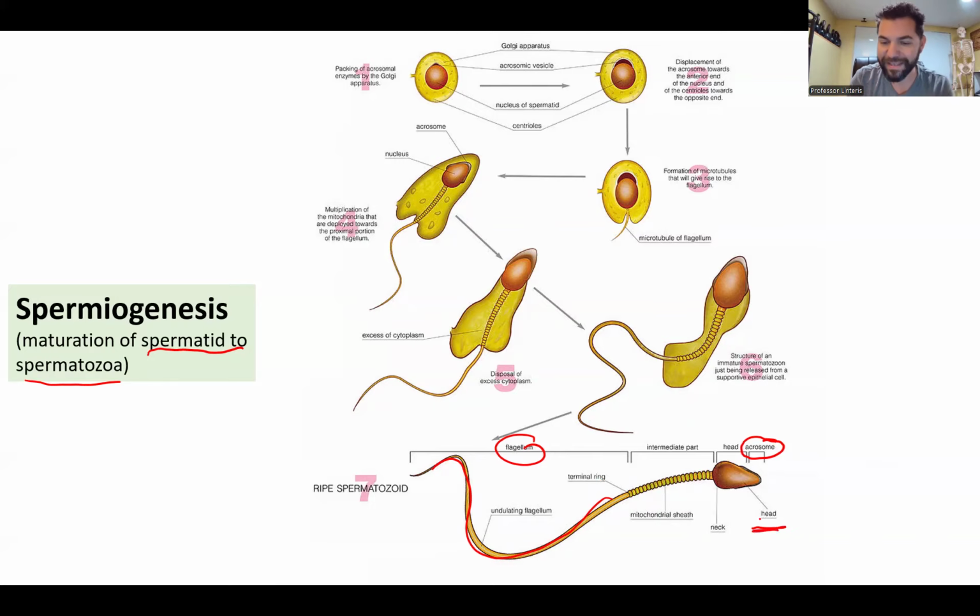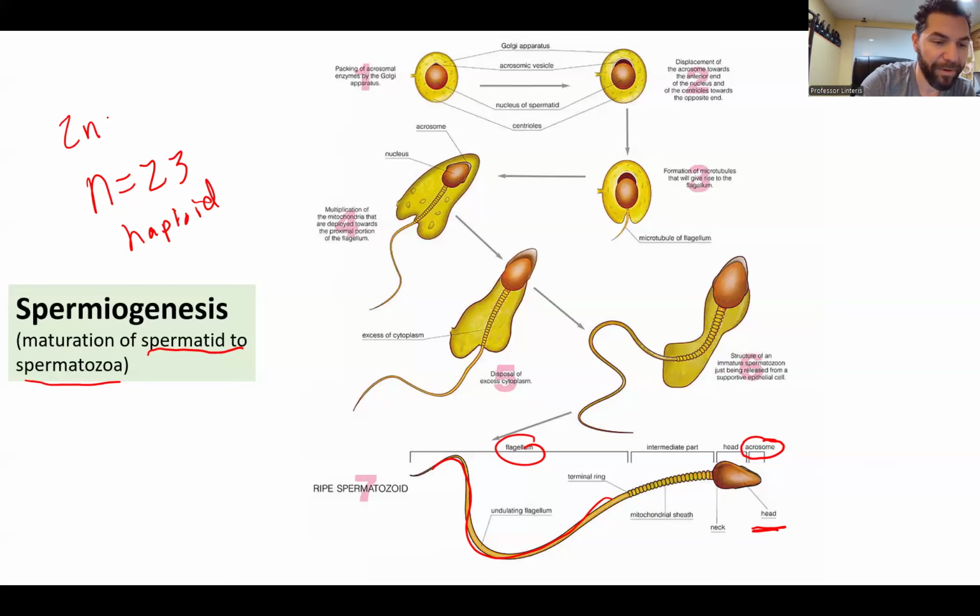The head, obviously, is going to be containing the nuclear material. If we recall, this sperm should be haploid, which means 23, as opposed to diploid, which means 46.